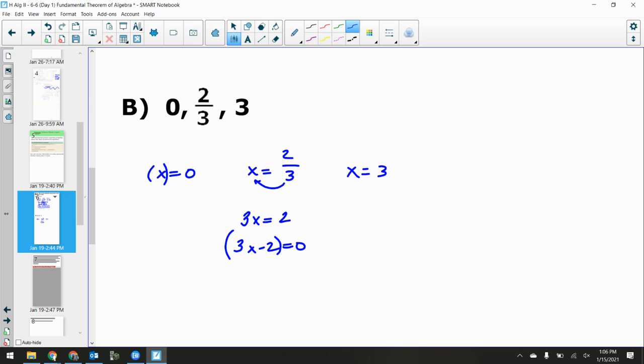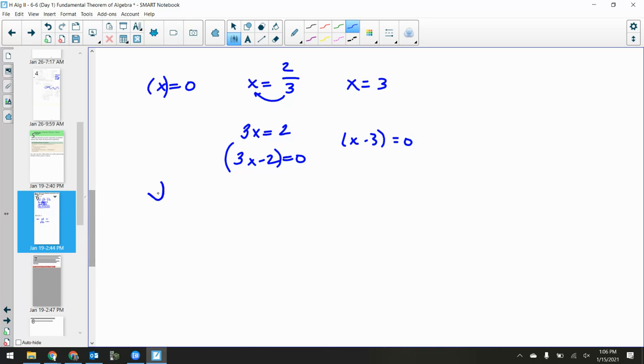And use that factor. That's going to be a lot easier to work with than an x minus 2/3. Isn't that factor still going to get you 2/3 as a root? Yes. And then we have x minus 3. All right, so my function is going to be equal to x times 3x minus 2 times x minus 3.